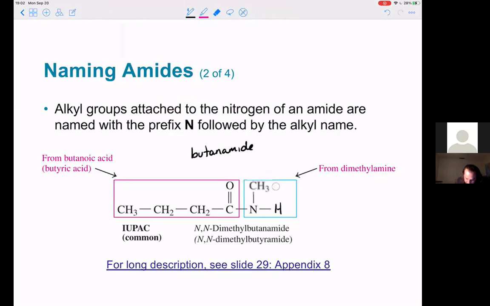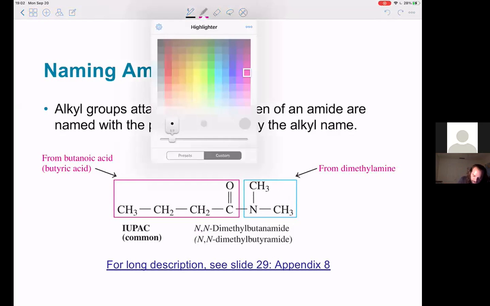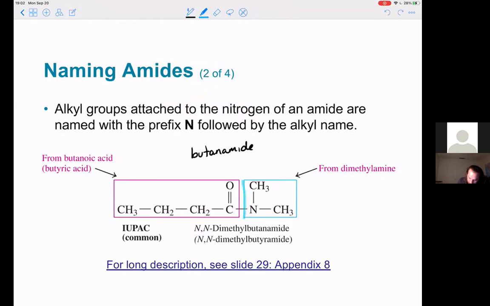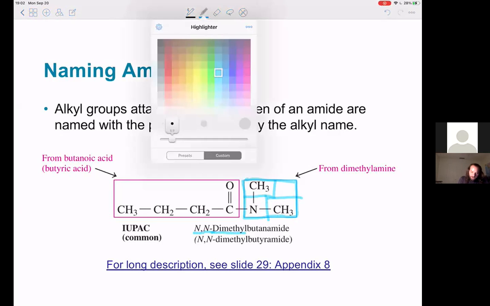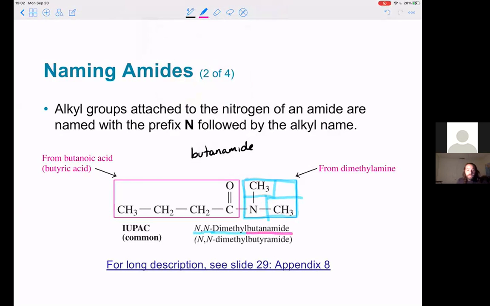But since I'm replacing those with methyl groups, now I have to indicate their position. Normally we do that by whichever number carbon they're bound to, but in this case, because it's a nitrogen, we use the letter N to denote it. So these two groups here would be N,N-dimethyl, and then we have our butanamide.